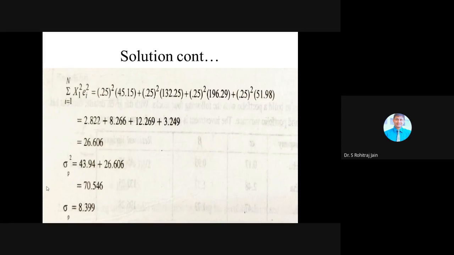So when I want the standard deviation of the portfolio, how much? It is the square root of 70.546. Square root of that is how much, students? It is 8.399. So I got the standard deviation of the portfolio to be equal to 8.399.